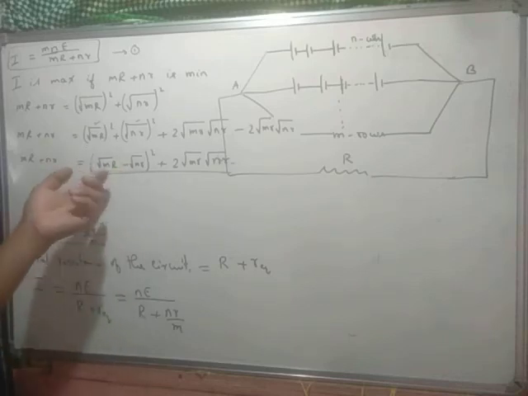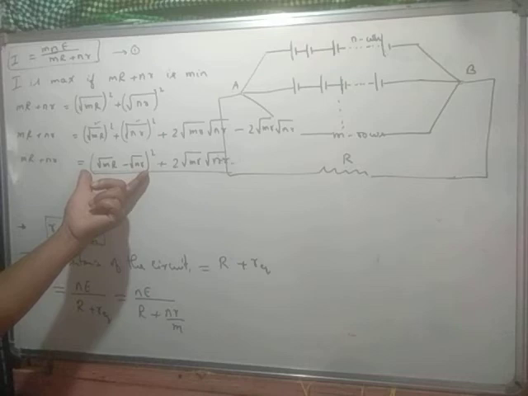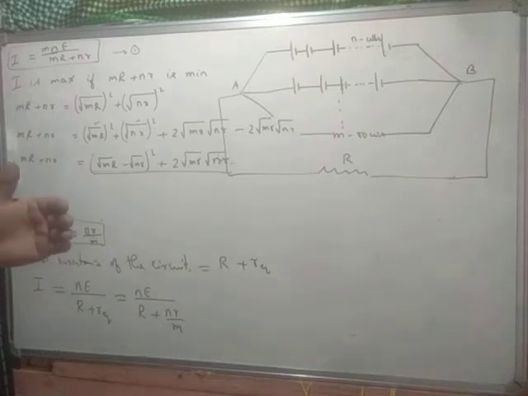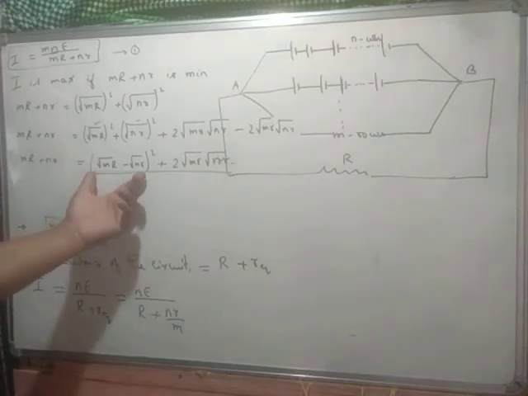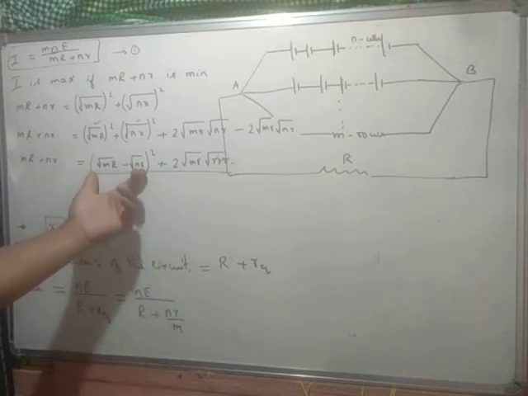But because of the presence of the square, this quantity cannot be negative. That means it cannot be minimum, right? Are you getting my point? Because it is a perfect square, this cannot be negative.